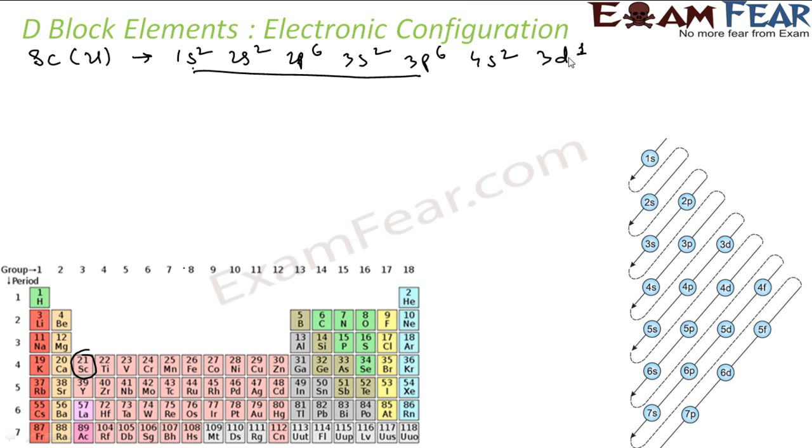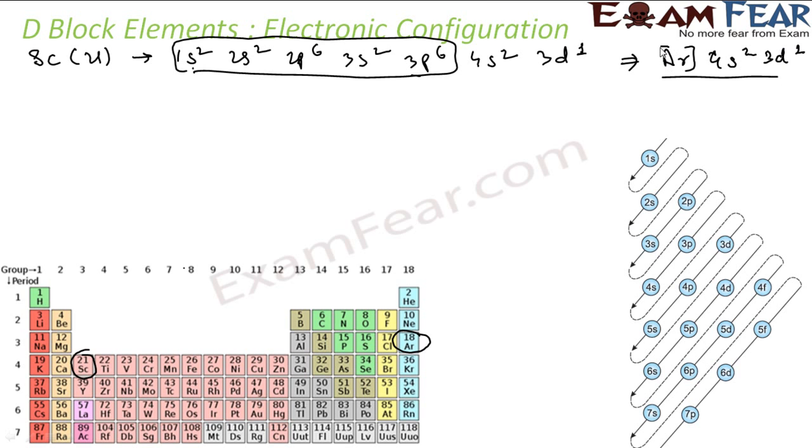So this is the electronic configuration. If you note, the nearest noble gas is argon. So this whole part is actually the electronic configuration of argon. So I can also write this as argon 4s2 3d1.